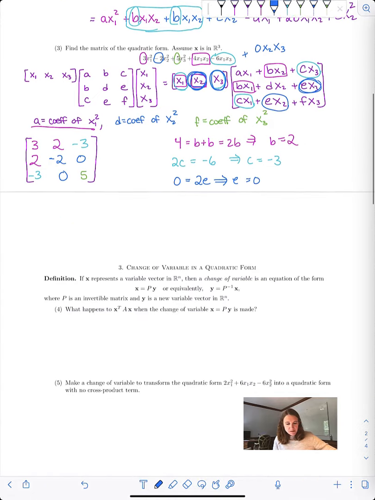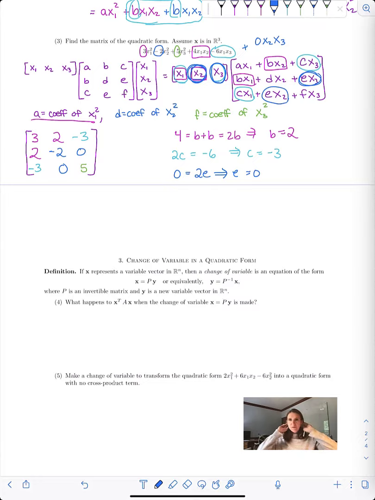Okay, so to better understand these, we'd like to do what's called a change of variable. Basically, what we'll see in a moment is that we'd like our quadratic forms to be easy to draw a picture of what they look like.